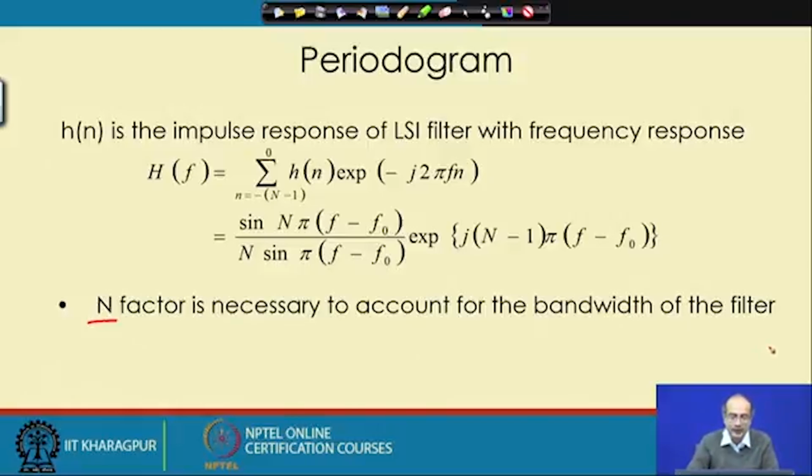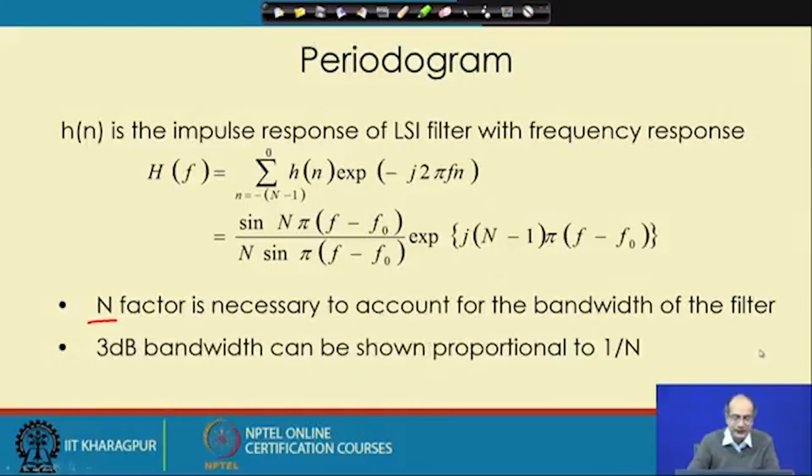That is determined by N, and the 3 dB bandwidth of that band pass filter is proportional to 1 by N.